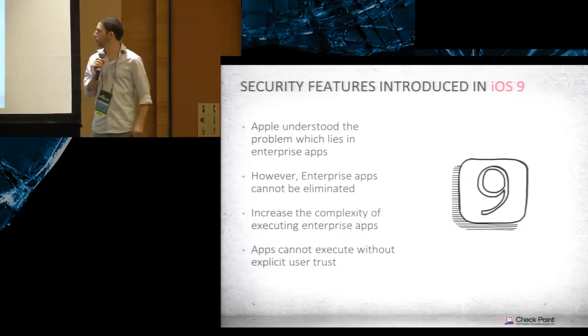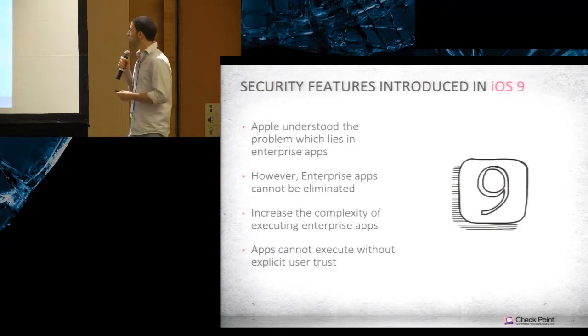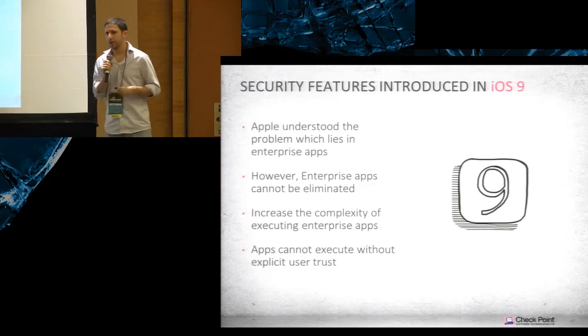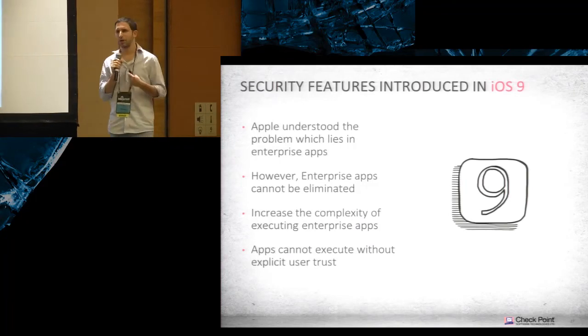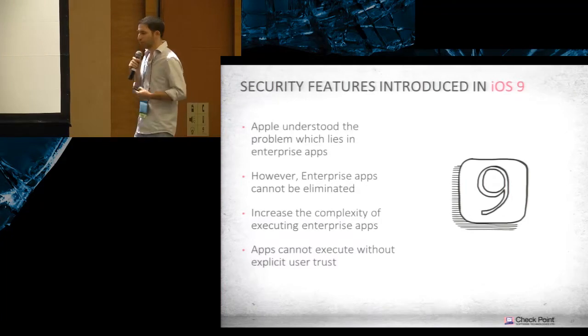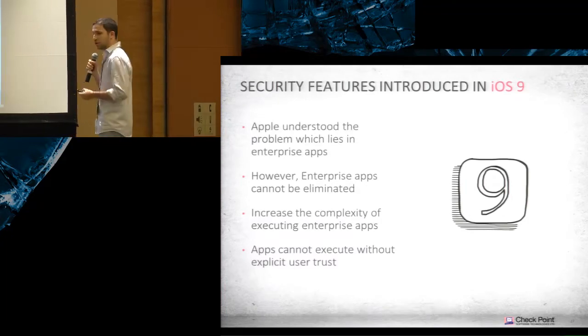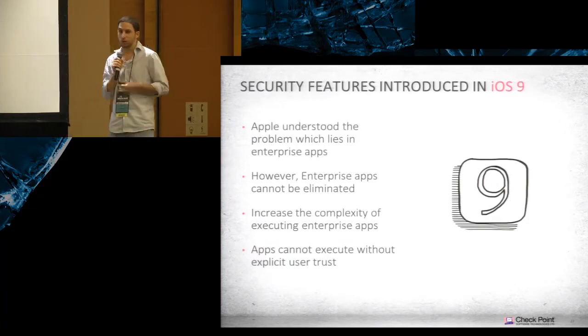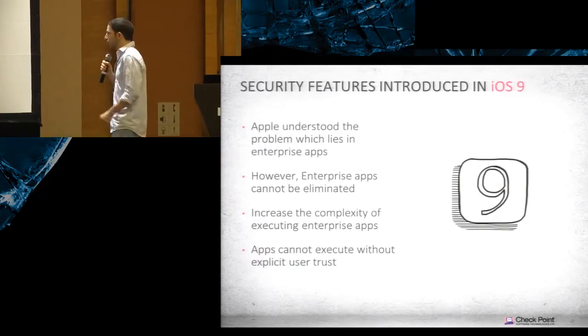So what Apple decided to do is increase the complexity of executing enterprise apps. They thought, if I make the execution of an enterprise app harder, it will be a lot harder for malicious enterprise apps to be executed, and most users won't do it.